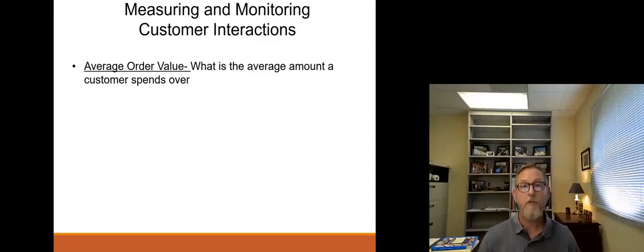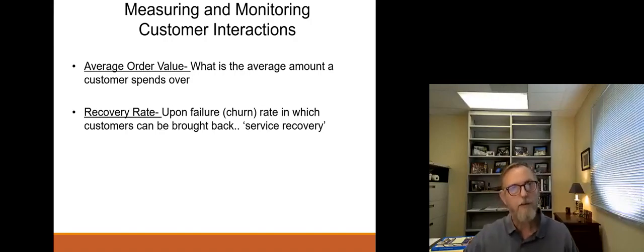Okay, average order value. Average order value is one where we look to see how much customers are spending in their spend. Obviously, the more the spend, the better for us. Recovery rates.